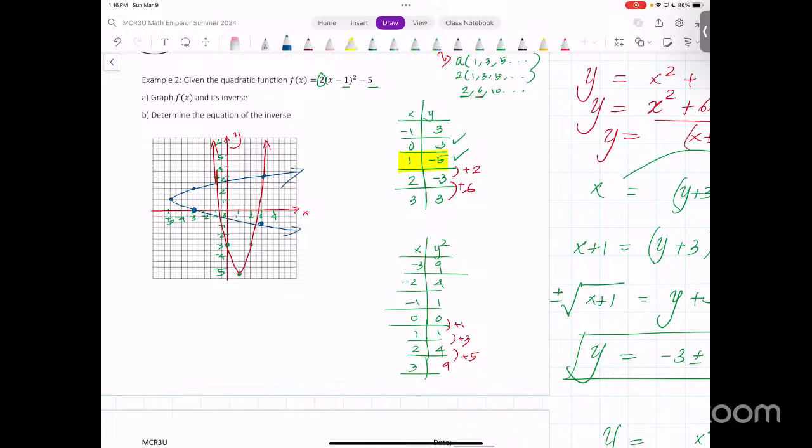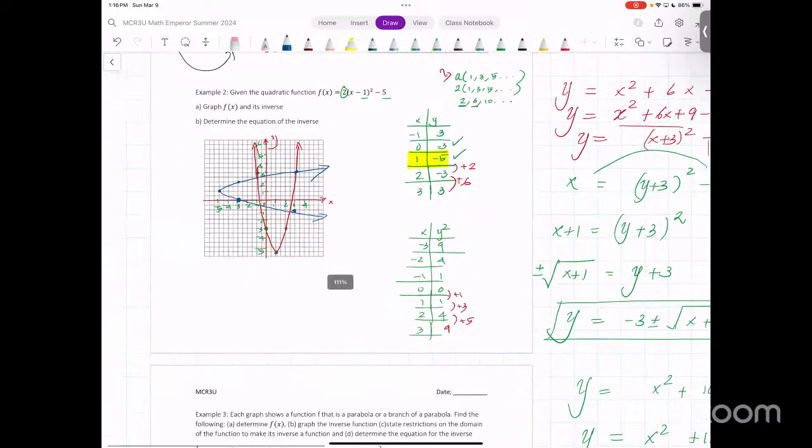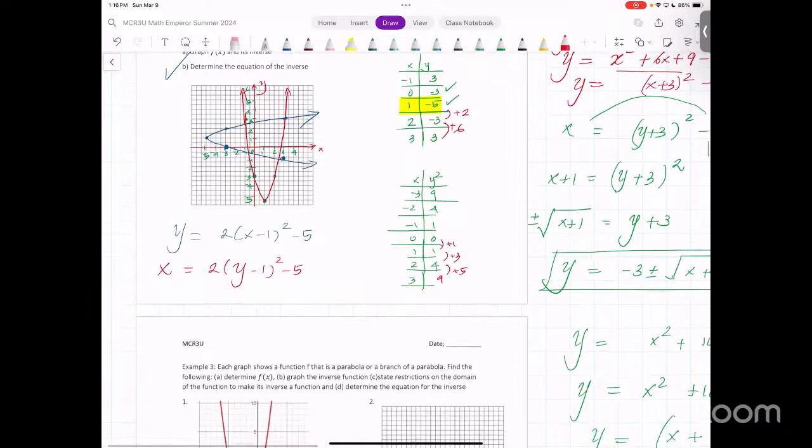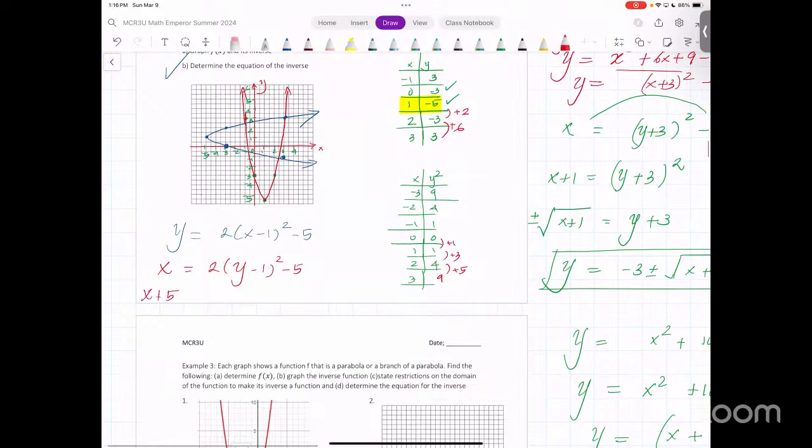Everyone see the picture? I'm not really worried about determining the equation because you're an expert now. We're going to divide it by 2. y minus 1, whole thing squared. y minus 1 equals plus or minus the square root of (x plus 5) over 2.